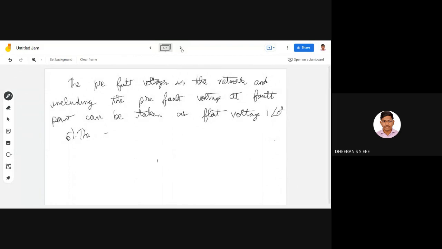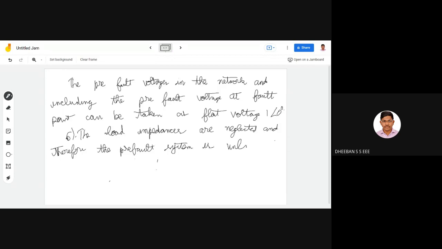So the sixth point is that the load impedances are neglected, and therefore the pre-fault system is unloaded. Why are we doing this?